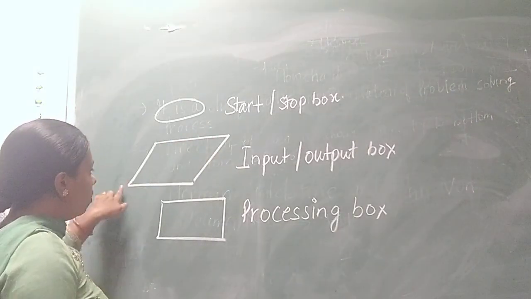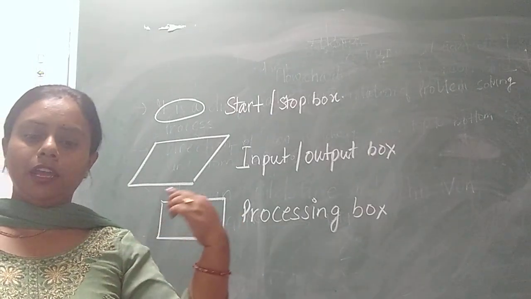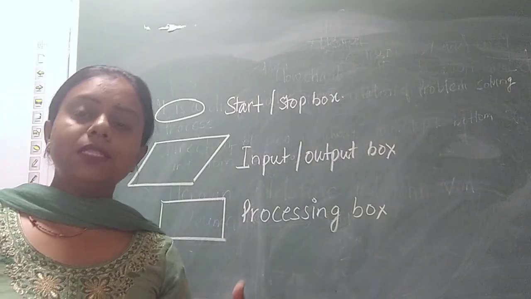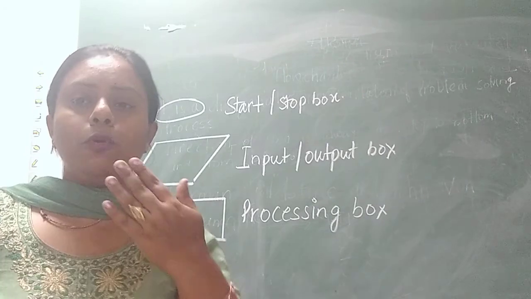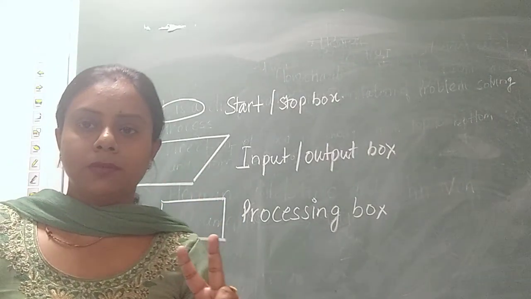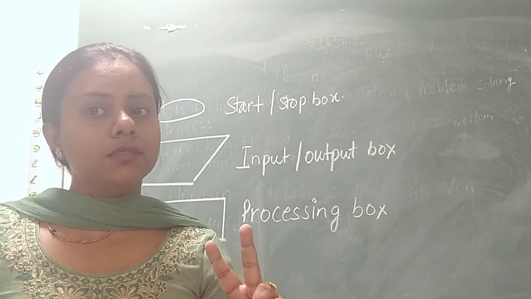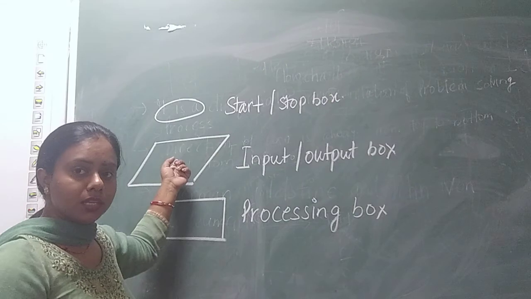Next box is your input output box. It is a parallelogram shaped box which is used to give the input to the program and the output of the program. Means the instructions which we will need to get the result. Suppose you want to add two numbers. So when you want to add two numbers, you need two numbers. Those numbers will be written in the input box.